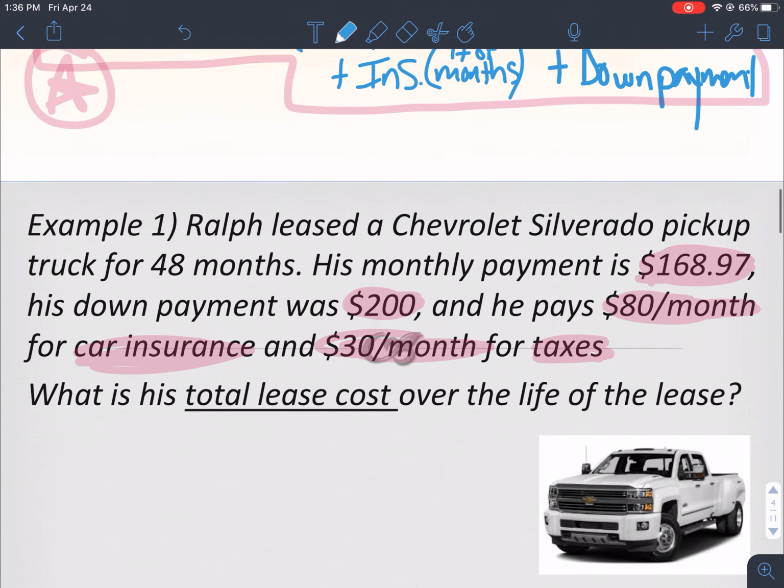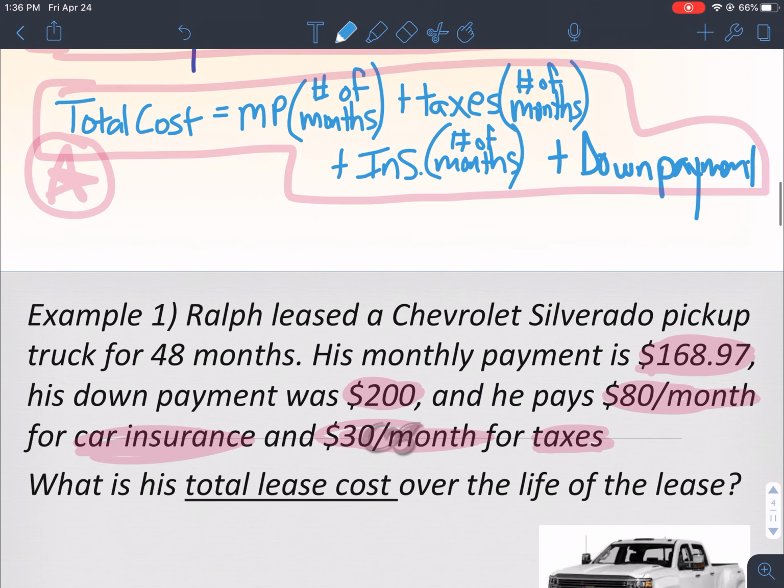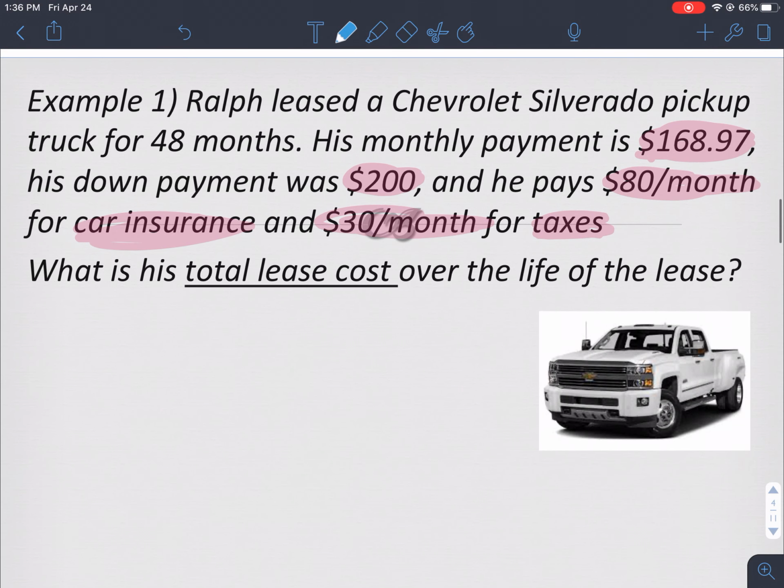Let's use the previous formula, and we'll write total cost equals.